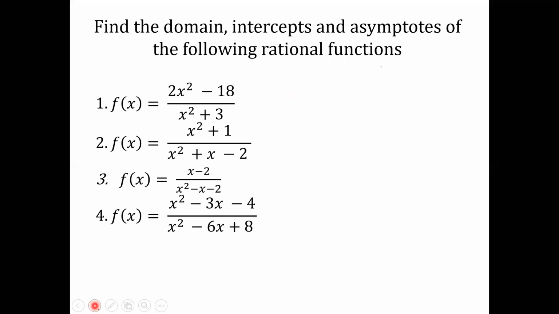Number 3, f of x equals x minus 2 all over x squared minus x minus 2. Number 4, f of x equals x squared minus 3x minus 4 all over x squared minus 6x plus 8. And number 5, x squared minus 4x minus 5 all over x minus 3. Again, we're asked to find the domain in set builder and interval notation, the intercepts, and the asymptotes.